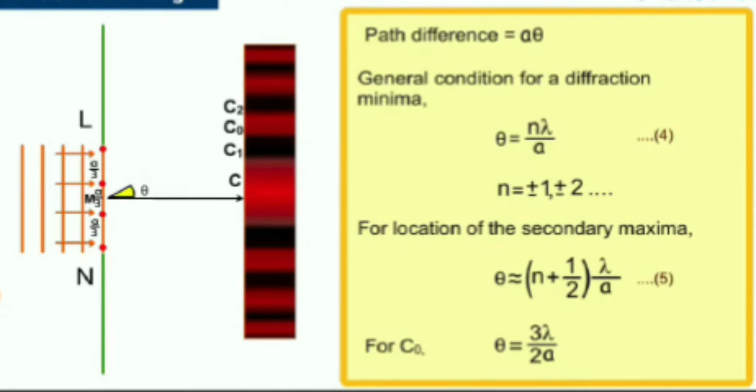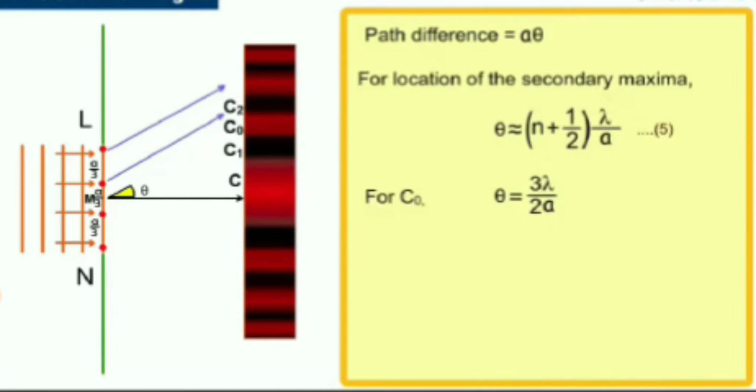Now, consider two waves from the ends of the two top parts. Since the width of each part of the slit is a by 3, the path difference between them at C0 is equal to a by 3 into theta, which in turn is equal to lambda by 2. Hence, these two waves interfere destructively at C0.